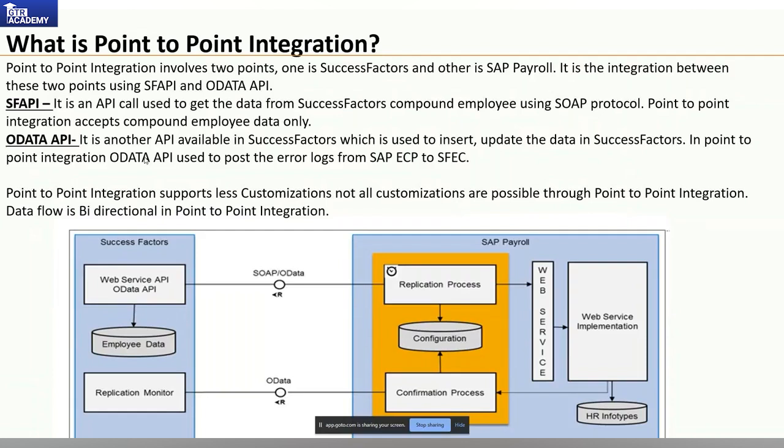Let's say, for example, in EC we don't have the flexibility to configure the wage codes based on the country grouping. If you configure, let's say, a wage component called 1000, which is basic salary, that cannot be used again for a different country grouping.